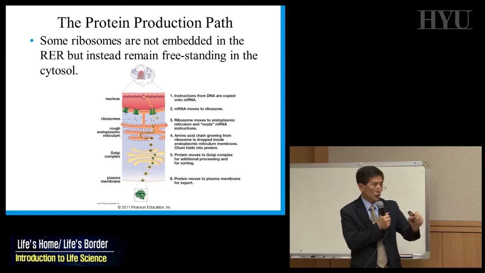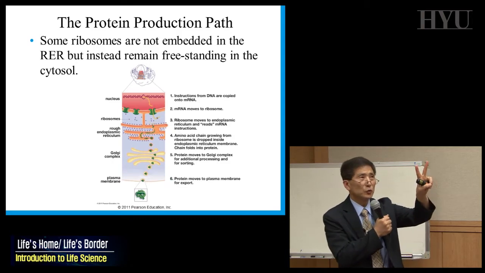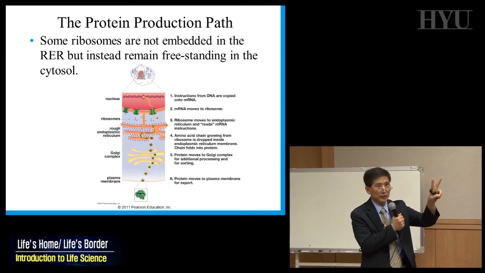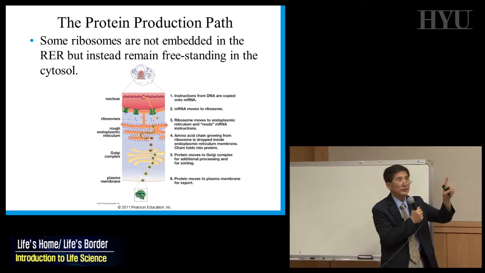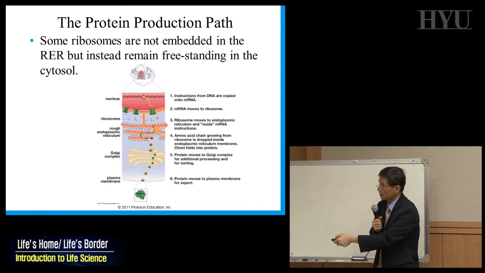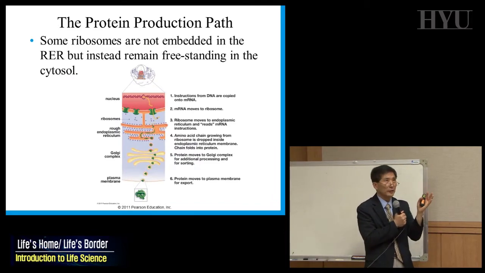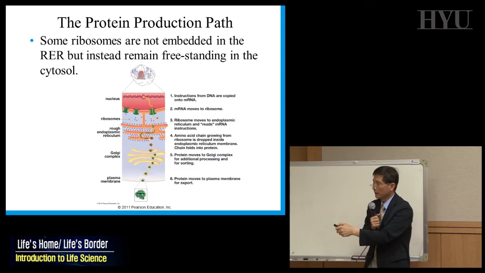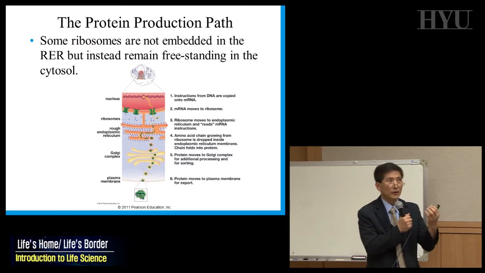There are two places to make protein. One of them is just the cytosol. The RNA comes out and stays here, in the cytosol. But it has to have this little thing called a ribosome.